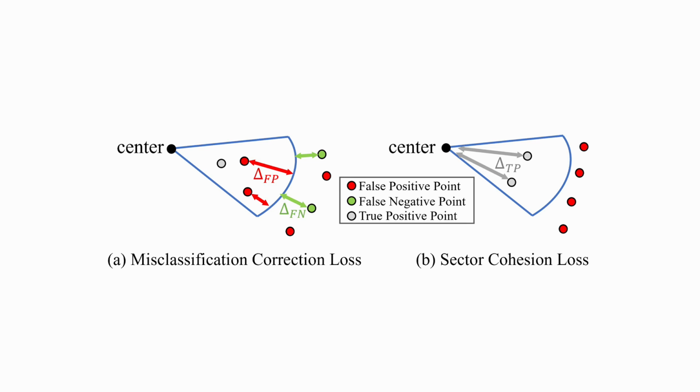Secondly, neither of the loss functions needs to consider the immense number of background points, as most of them are already outside of the predicted spherical sectors, which are otherwise causing imbalance problems in existing works.